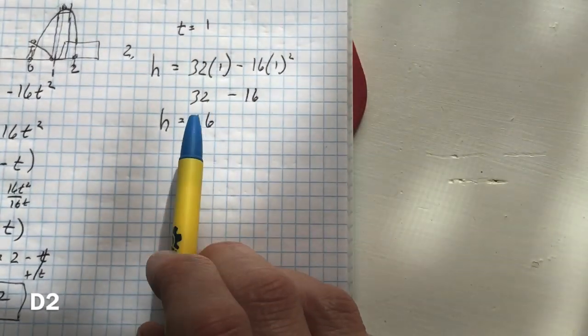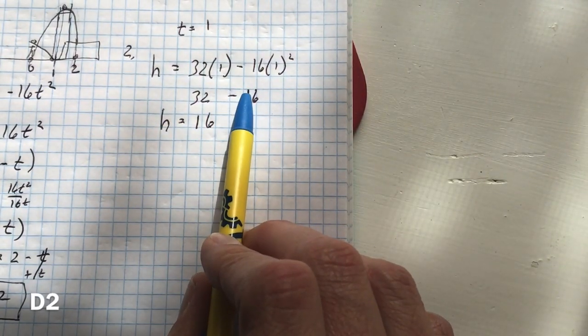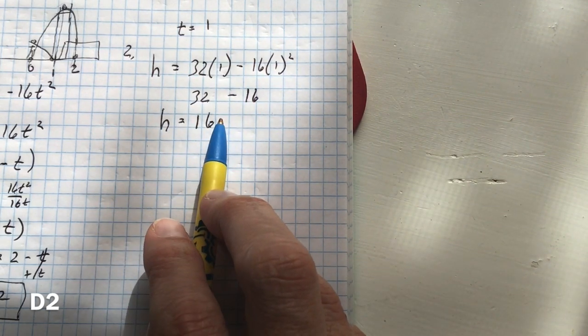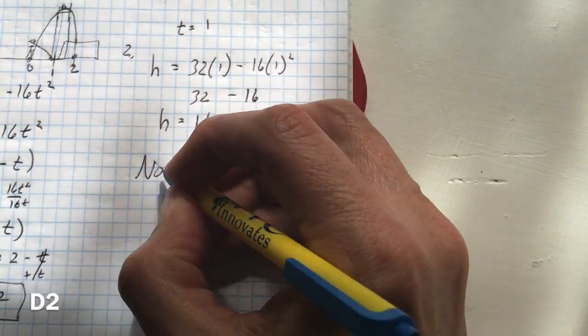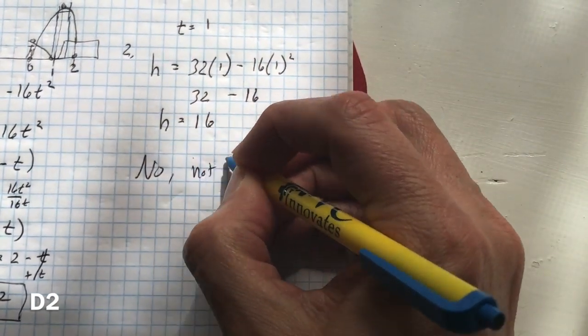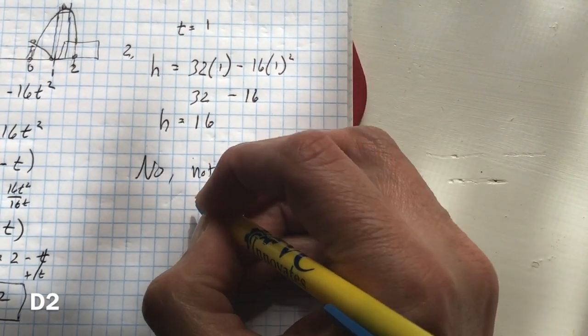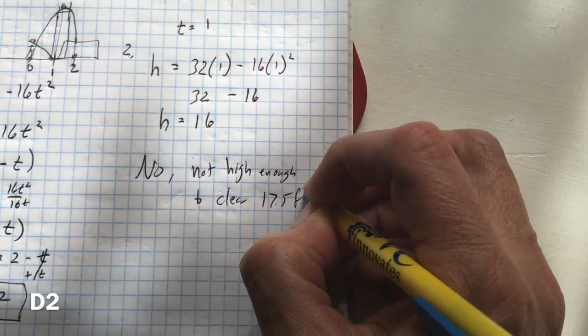Well, it turns out from our work here, the height is going to be 16 feet, because height is represented in feet. So if our answer is 16, will they be able to get to that part? No, they're not high enough. Not high enough to clear 17.5 feet. All right, guys, hope that makes sense.